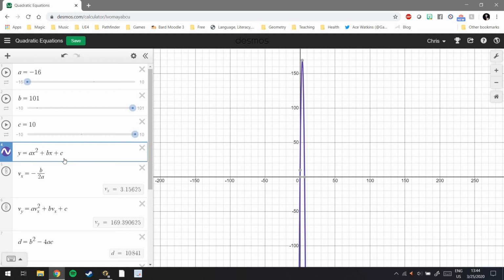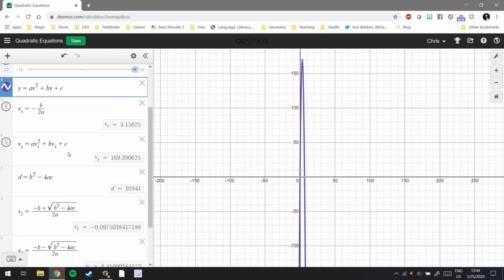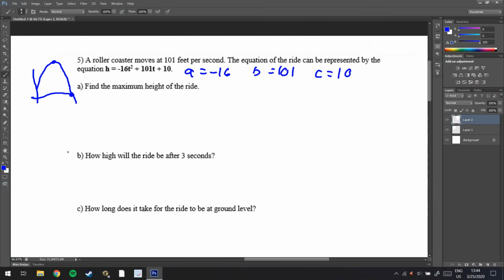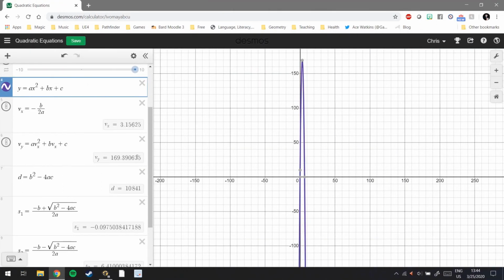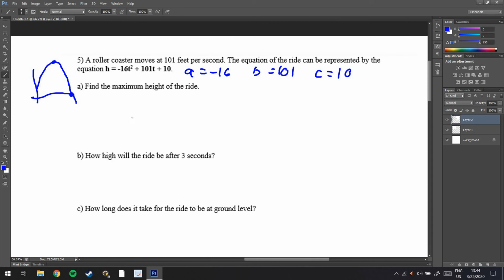So using that -b over 2a to get the x, and then plugging that in to get the y. In this case, it's already shown for you. So we can go on over. We know the maximum height is at the vertex, which was 169 feet.